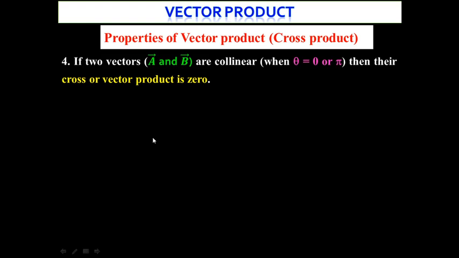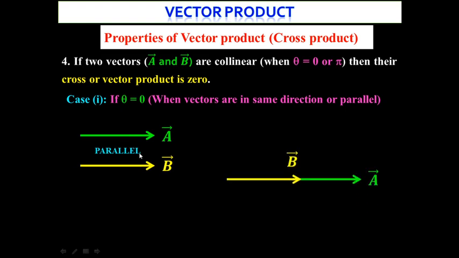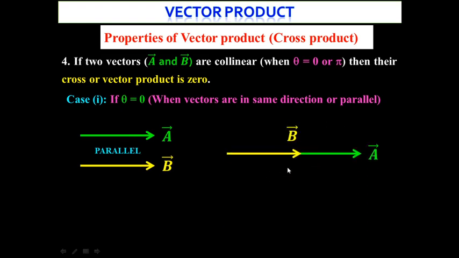So we will consider two cases. Case 1: when vectors are in the same direction, or parallel. When they are parallel, the angle between them is 0. Suppose these are two vectors, vector A and vector B, in the same direction, so the angle between them is 0. What about their cross product?